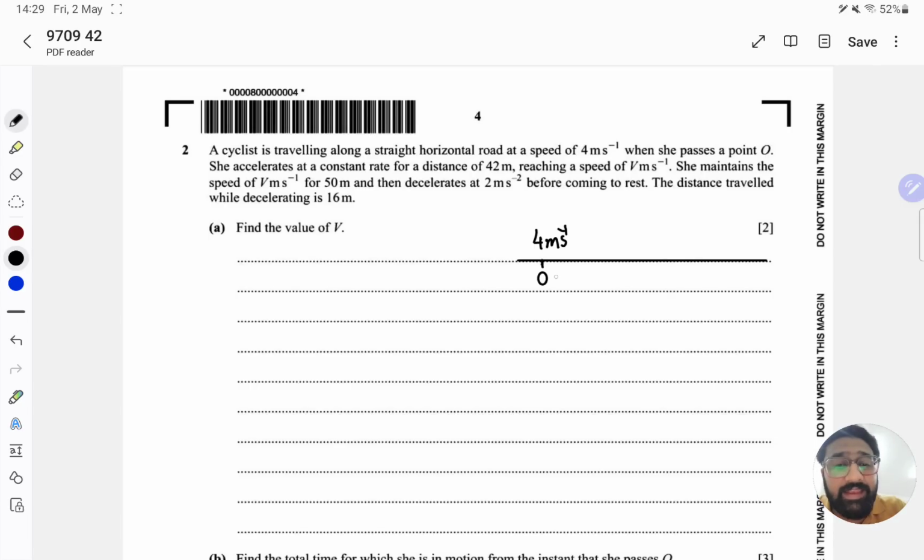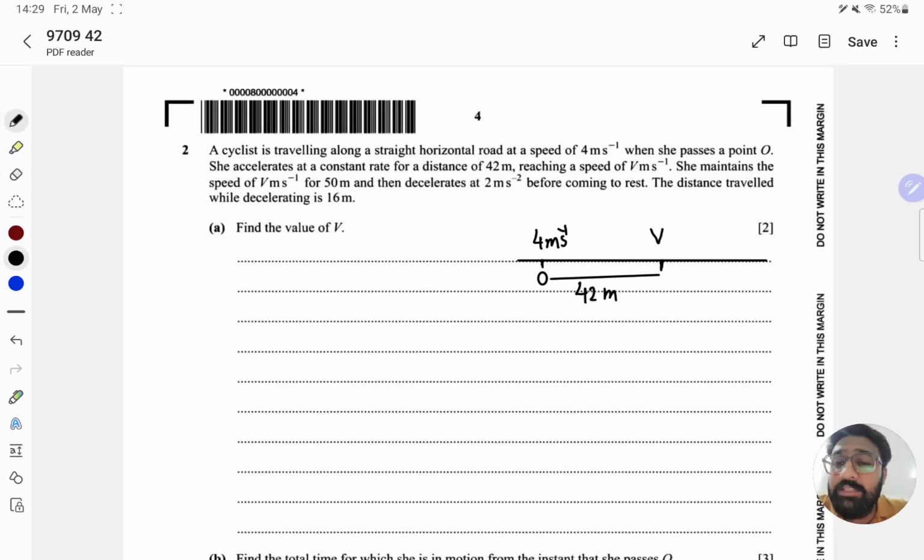Now she is accelerating and has covered a distance of 42 meters, so she has reached this point. At this point, the speed is v meters per second.